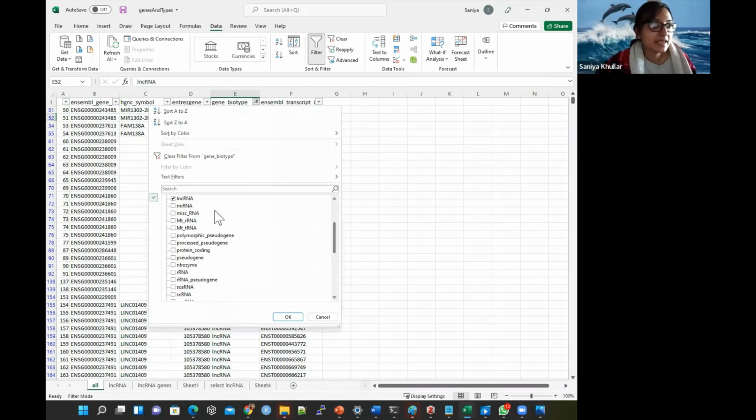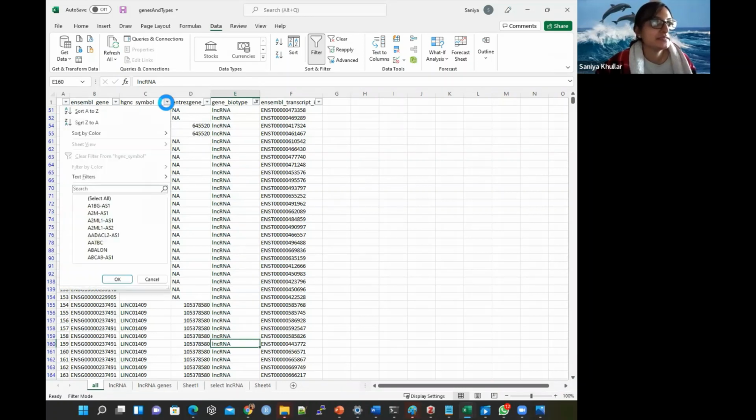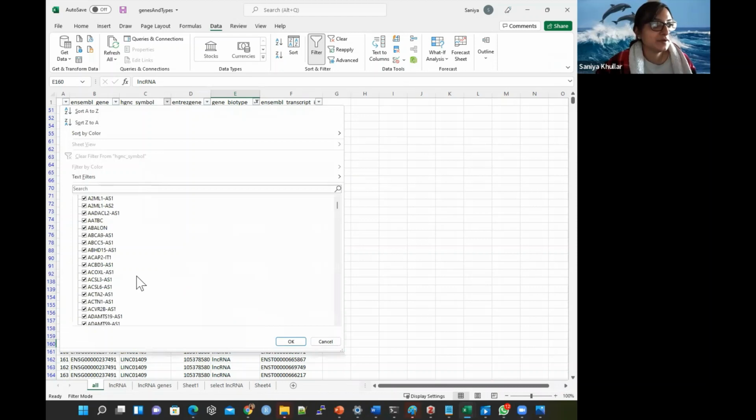For this, I was looking at long non-coding RNAs, and I was just trying to select a few random ones. We can see that there are quite a few different long non-coding RNAs. A lot of them are lncRNAs as well, but they have various names out there.